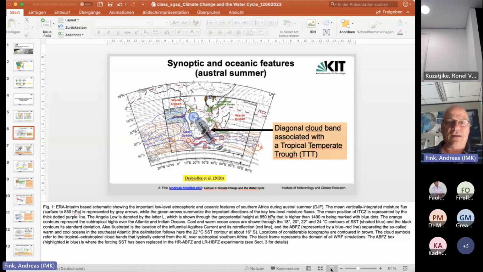You see in green arrows this time the incoming moisture flux. You can already see by the width of these arrows how important it is. So from these northeasterlies here, a lot of moisture is coming to the continent.